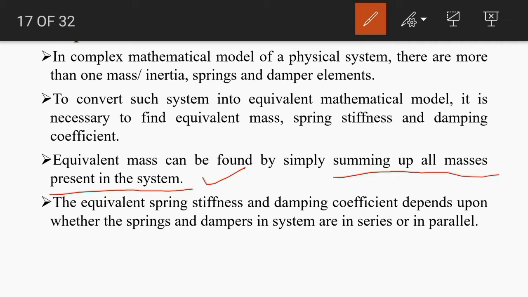Now we need to find out equivalent spring stiffness and equivalent damping coefficients. That further depends on whether the springs and dampers in the system are in series or in parallel.